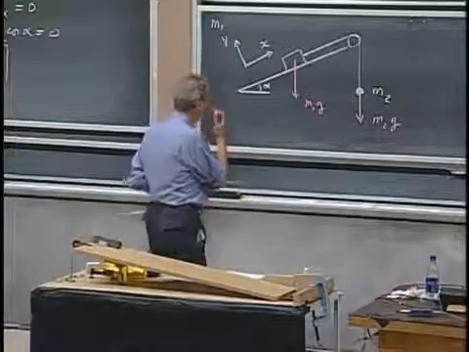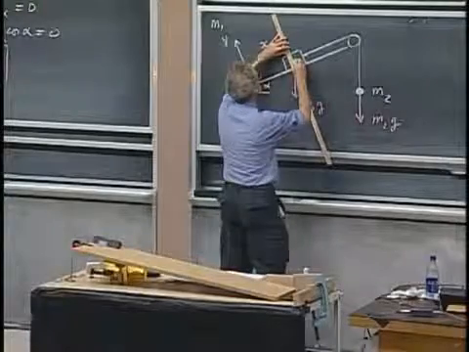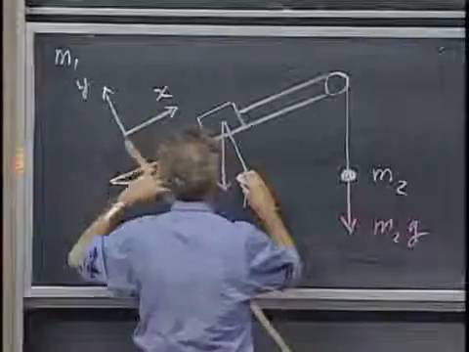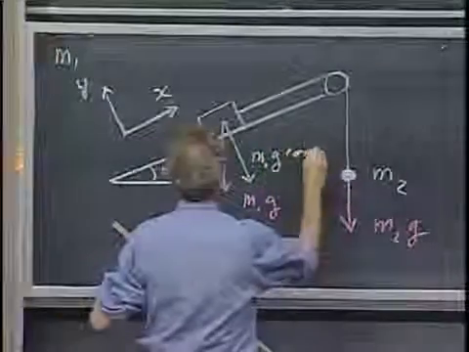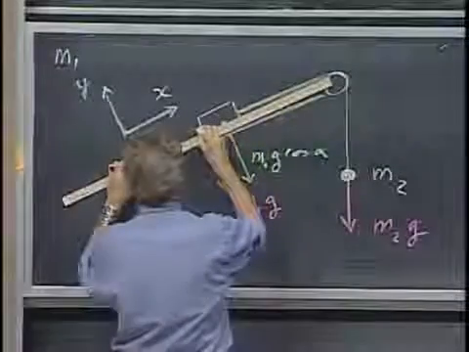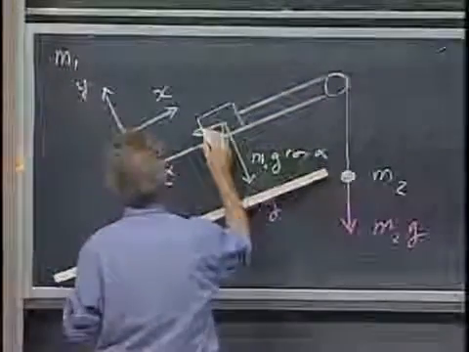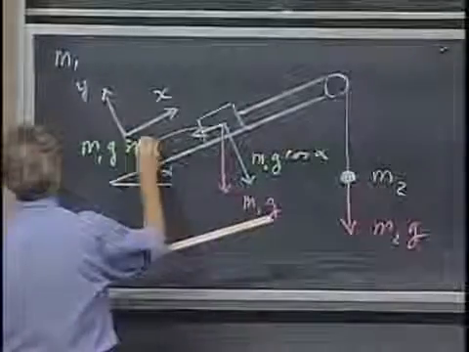Let's first decompose this force, as we did before, in the y direction. So this one equals m1g cosine alpha. And this one, the x component, which is in the minus x direction now, equals m1g sine alpha.